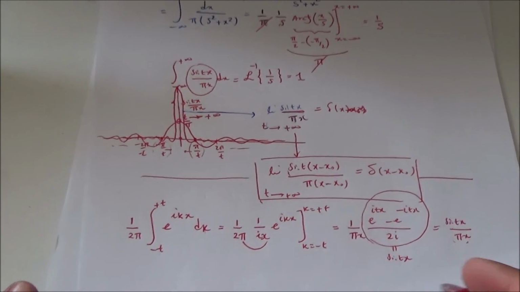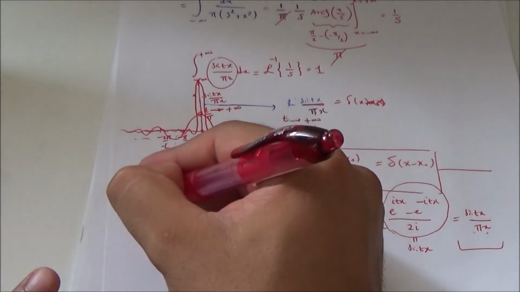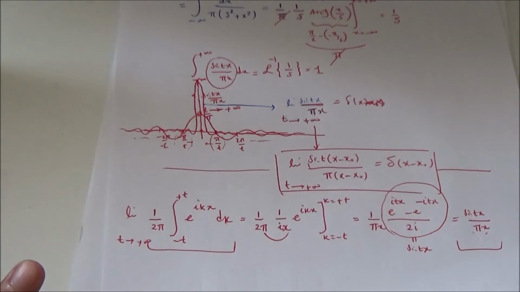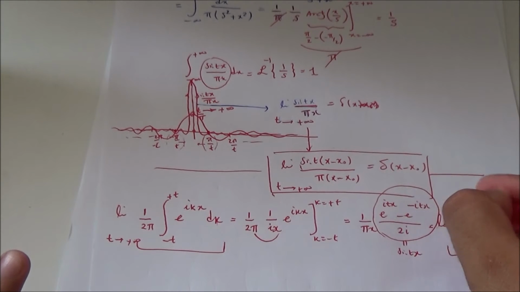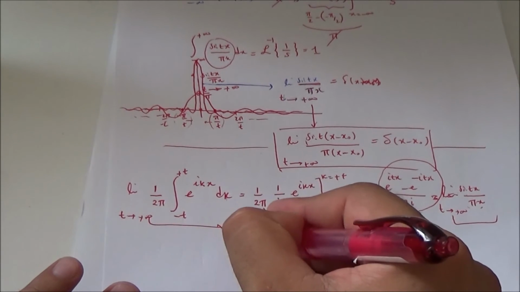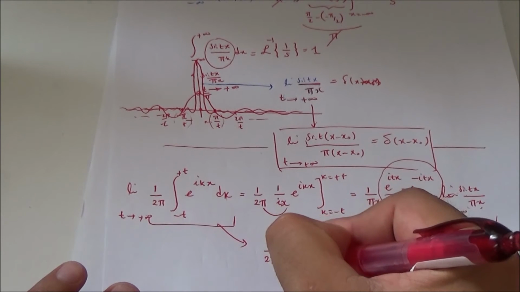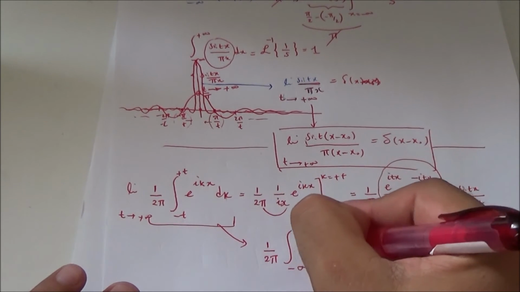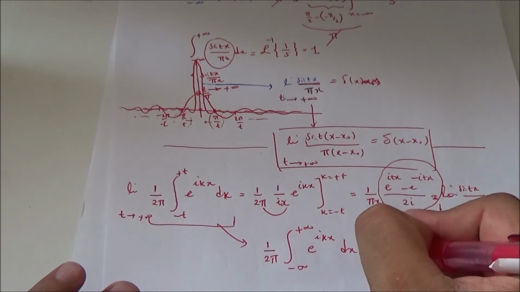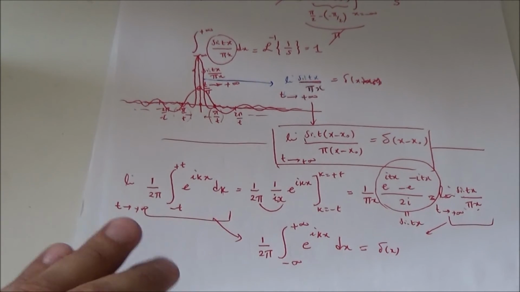So if I take the limit of both sides of this equation, when t tends to plus infinity, this integral is exactly 1 over 2 pi integral from minus infinity to plus infinity of exponential of i kx dk, and this is exactly the delta distribution of x, delta x.